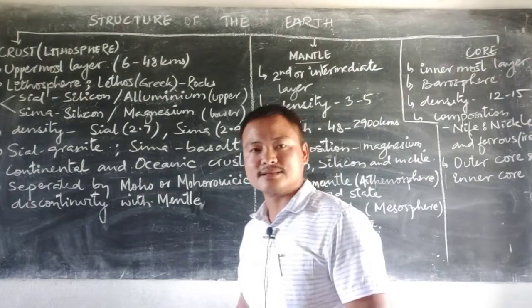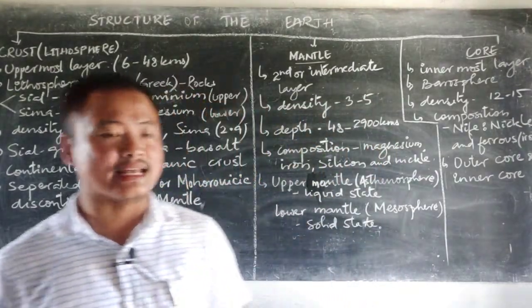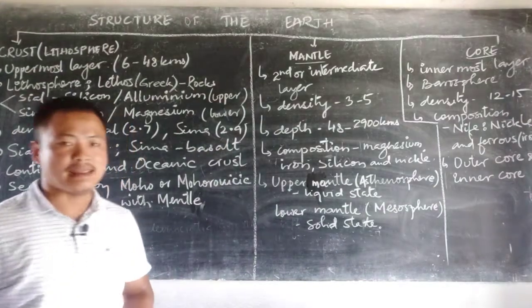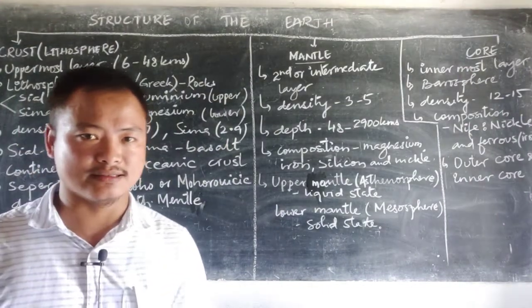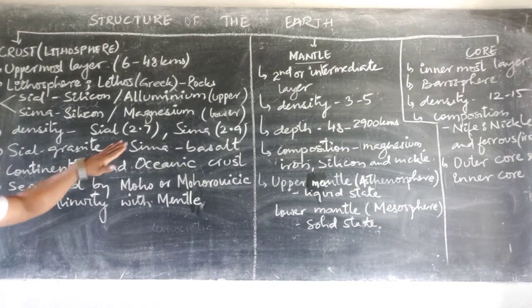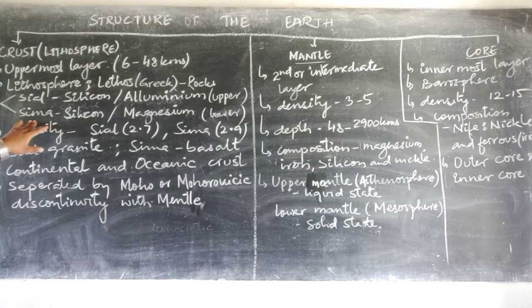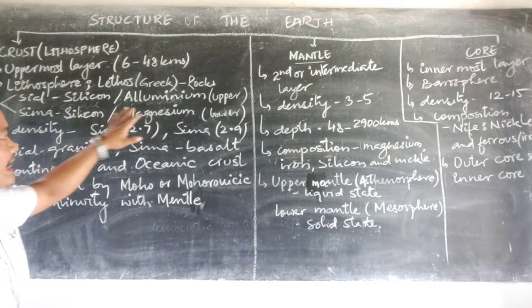So Sial and Sima, on the basis of the chemical composition: Si stands for silicon and Al, the upper part of the crust, stands for aluminium, whose density is approximately 2.7, while the inner part, that is the lower part of the crust, is known as Sima because of its chemical composition made up of silicon and magnesium.